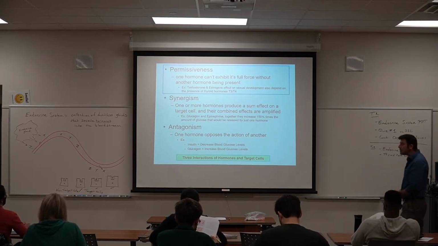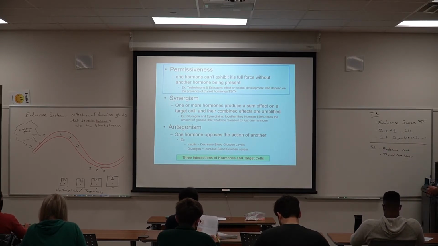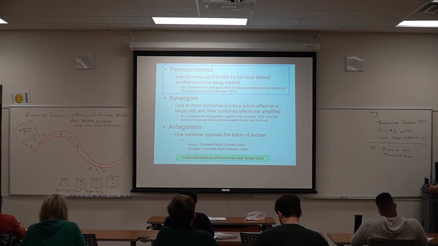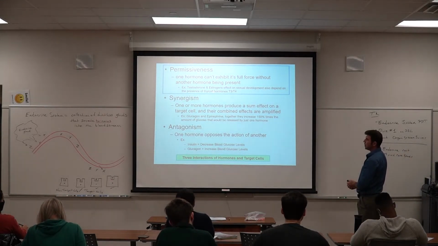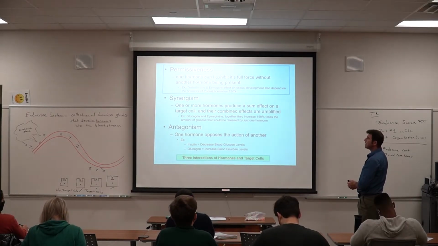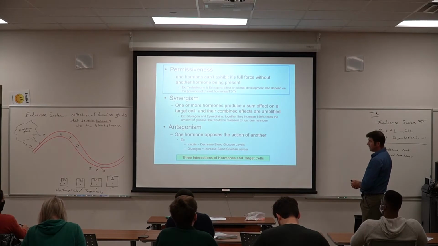And in this permissiveness type of relationship, you've got one hormone that can't really exhibit its full force without another hormone being present. And one good example of this would be things like testosterone and estrogen. These are responsible for the development of secondary sex characteristics in males and females.